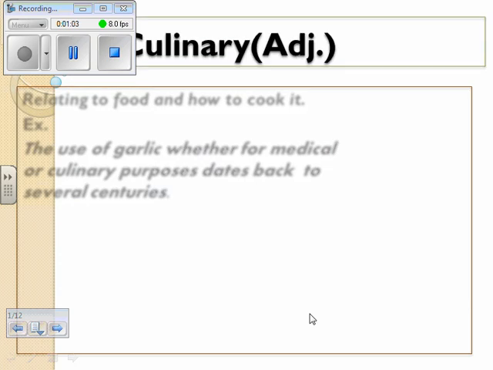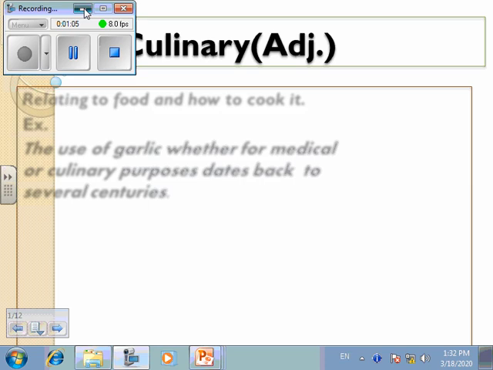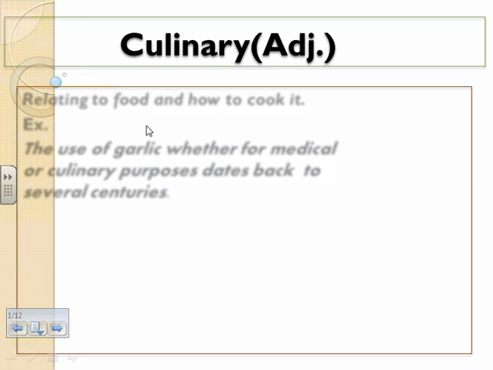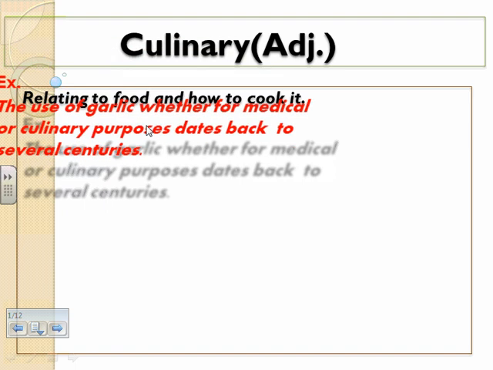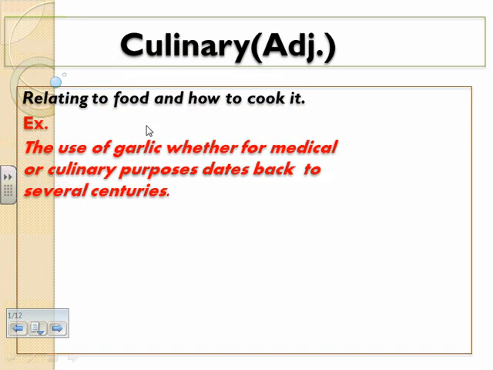The first word is culinary. What's culinary? Culinary: relating to food and how to cook it. Example: the use of garlic, whether for medical or culinary purposes, dates back several centuries.